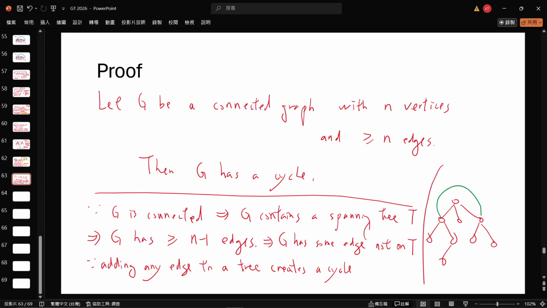Let's call this spanning tree T. So this edge, along with the edges on the spanning tree T, will create a cycle. So that's the proof for this warm up.